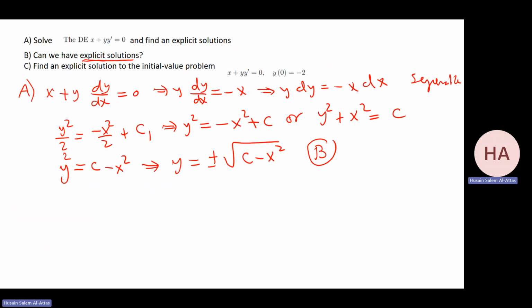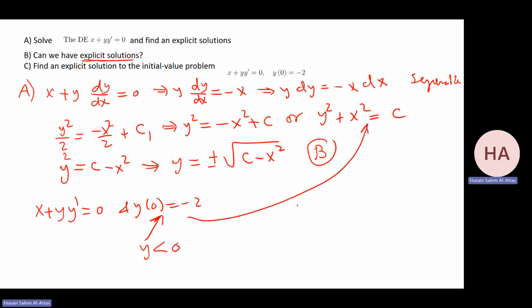Now, with the initial condition problem, it is very clear here that y is negative. So that means my solution will be what? Oh, first I need to find the c. I substitute here to find the c. You have 4 plus 0 equals c.